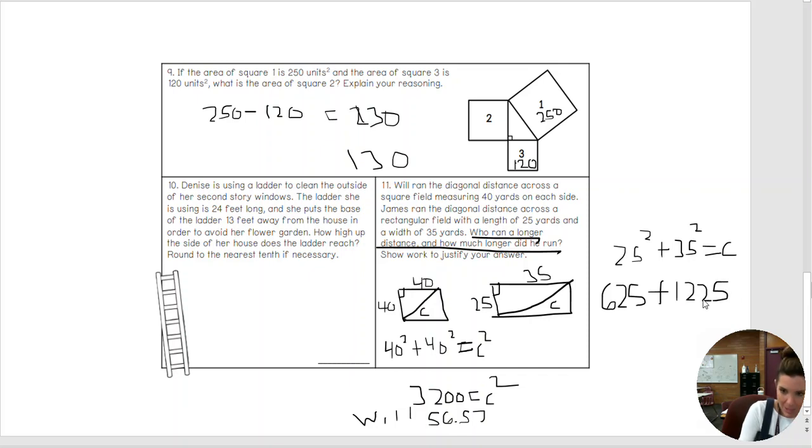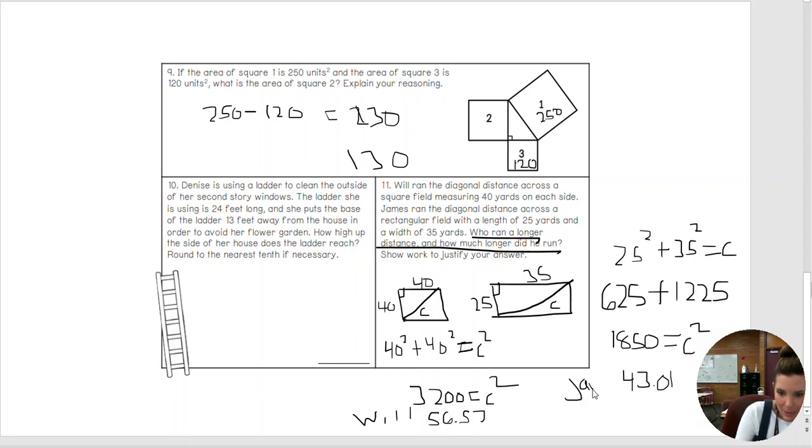So when we combine those, we get 1850. So 1850 equals C squared. And to get rid of the squared so that it's just a c, we're going to do the square root of 1850, and we get 43.01. And that is for James.